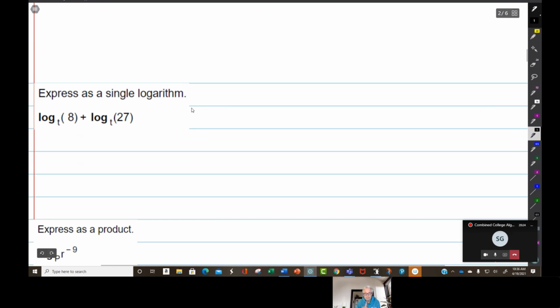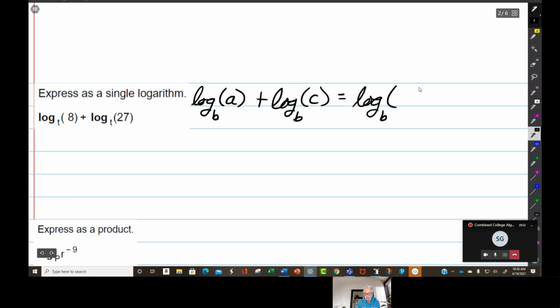If you have log to any base of a plus log to that same base of c, then you can merge those together, log base b of a times c. So that's what we're going to do here.